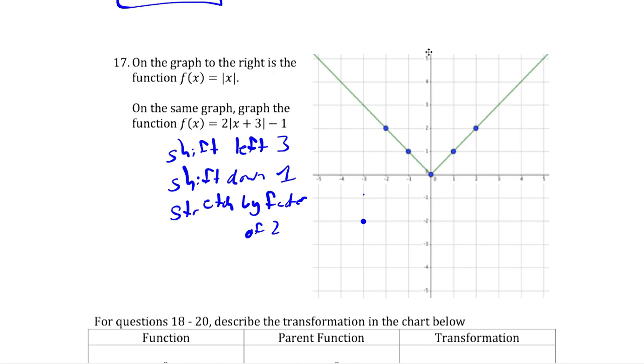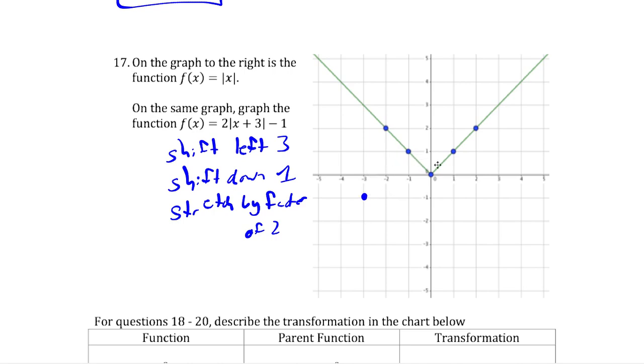Oh, no, I'm sorry. That's why, because, I'm sorry, guys. This is actually not correct. So actually, I'm up here. First off, I take this y value and I double it, right? So 0 times 2 is 0. Then I move to the left 3, and then I go down 1. So that point moves there.